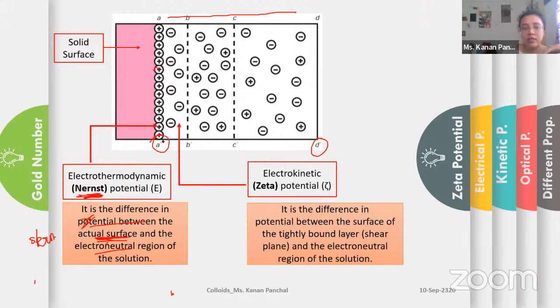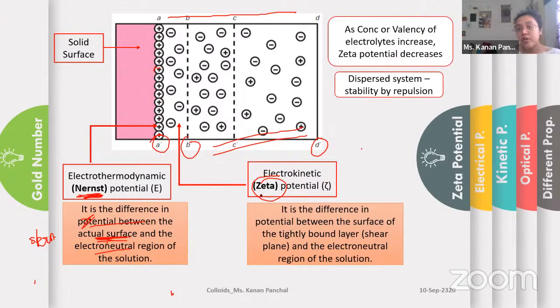Whereas the next one, which is the potential difference between the shear plane region and the electrically neutral region, is your zeta potential or the electrokinetic potential.